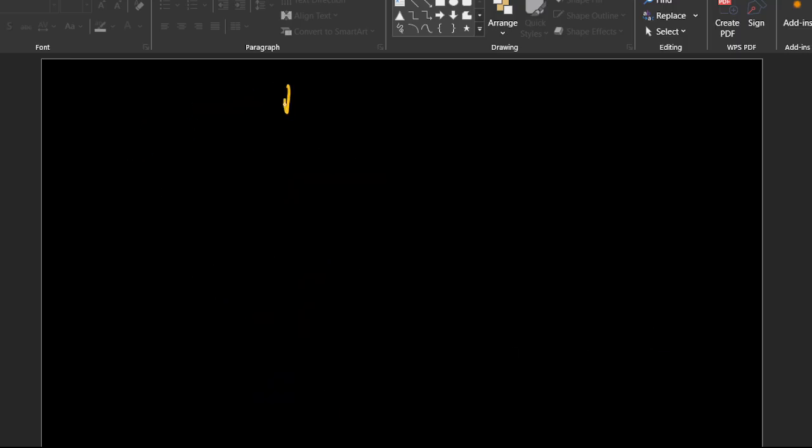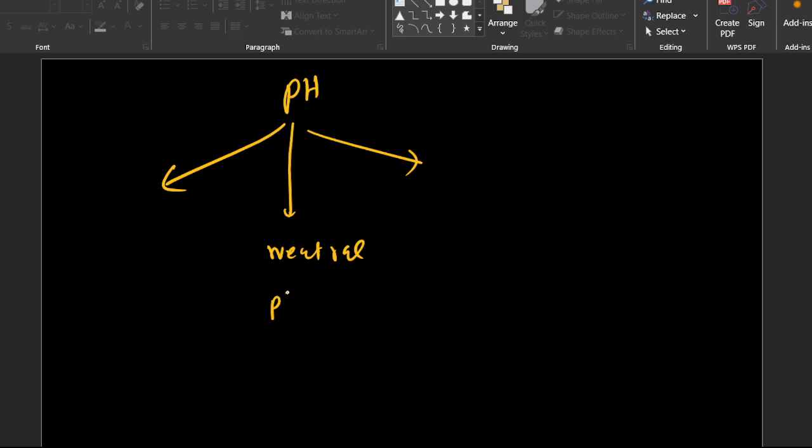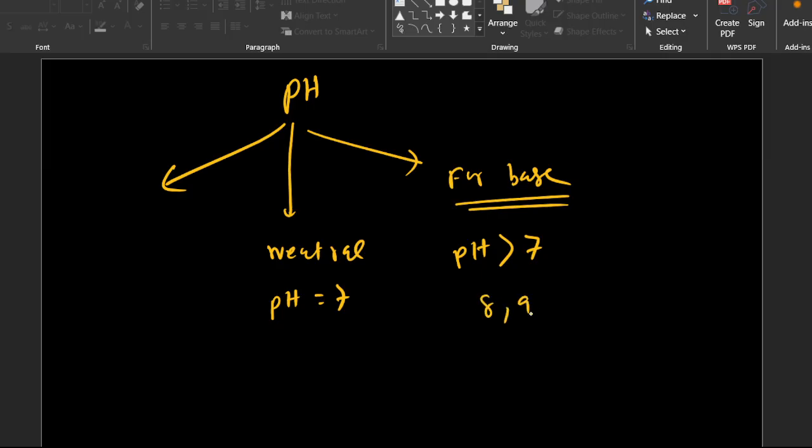So what is studied is that for neutral, pH equal to 7, and for base, pH is greater than 7, that is 8, 9, 10, 11, 12, like this.